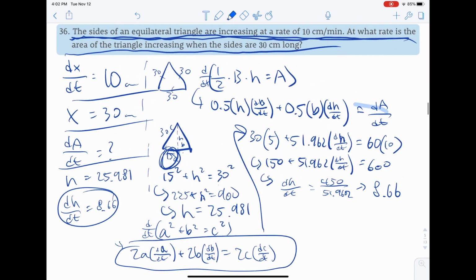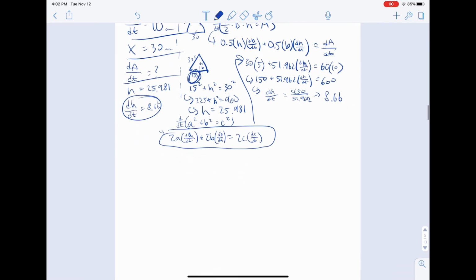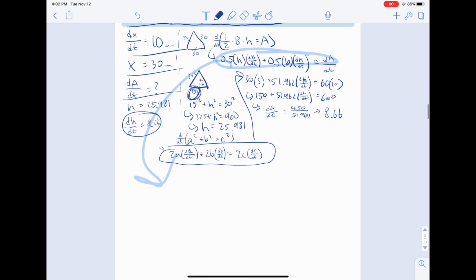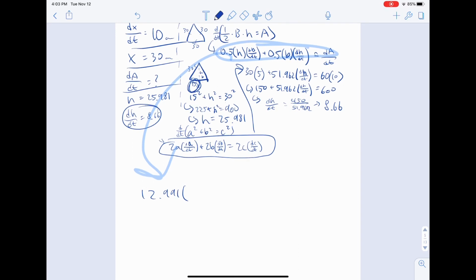Let's go back to our function that we were using, and plug everything in. 0.5 times height, which is 25.981, divided by 2 gives us 12.991, times the derivative of the side length, which is 10, plus 0.5 times base, 15, times the derivative of height, 8.66, is equal to the derivative of area.